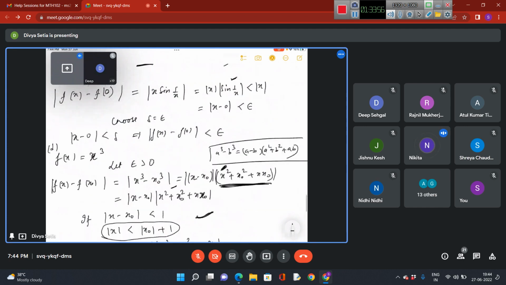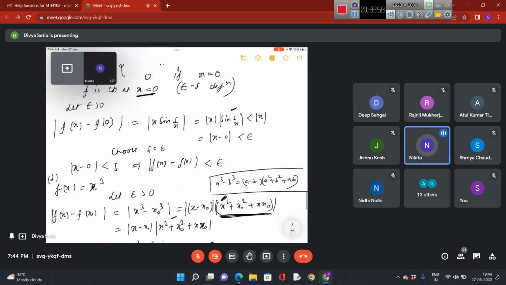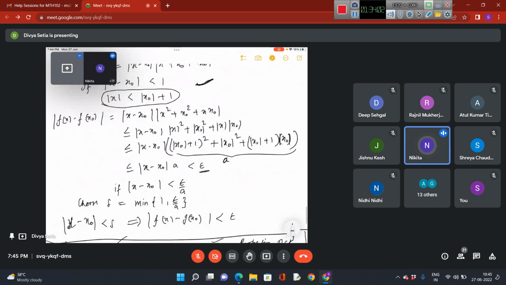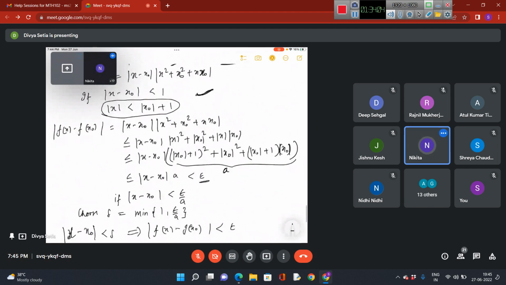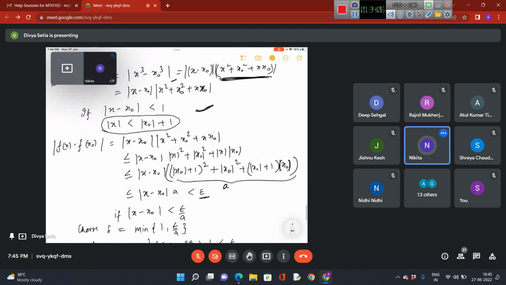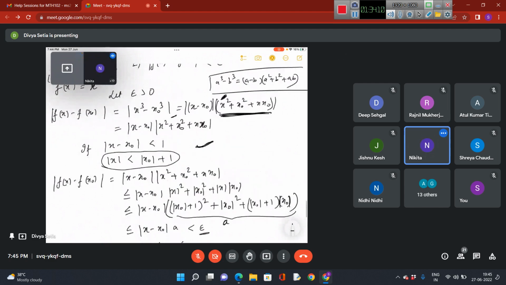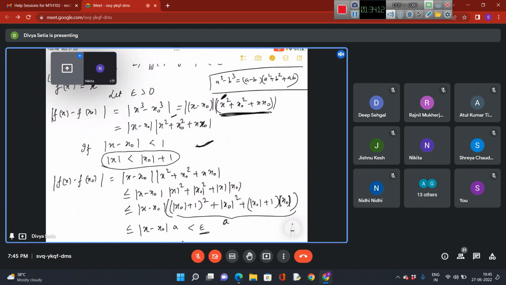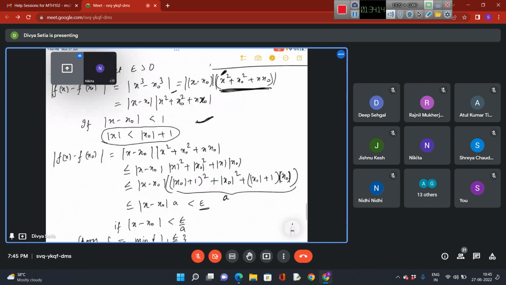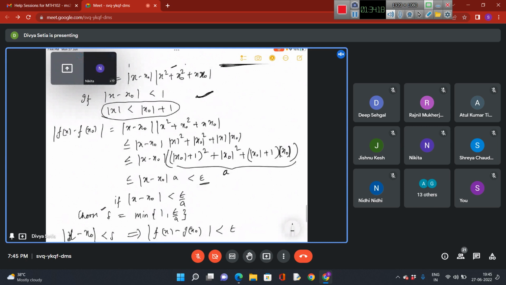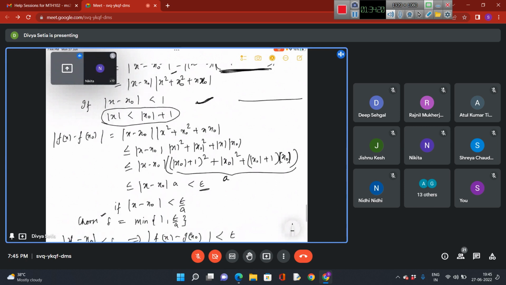Excuse me, ma'am. Yes. In this, we are specifically taking this |x - x naught| to be less than 1. So aren't we specifying one particular condition when this is happening? Yeah, so that's why we are manipulating our delta to be the minimum of this. Right? Because we want to see what happens in the neighborhood of x.